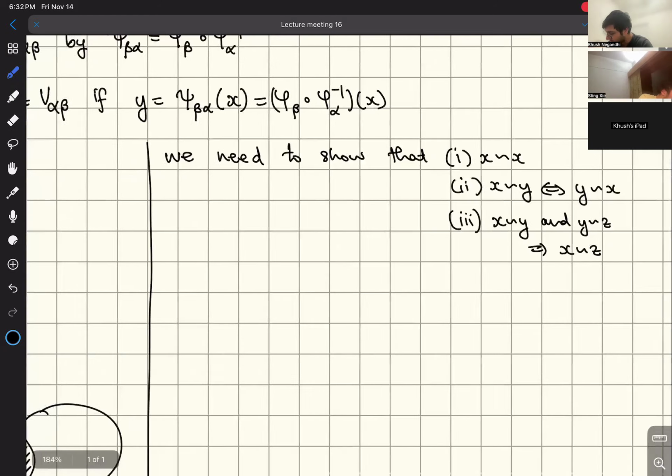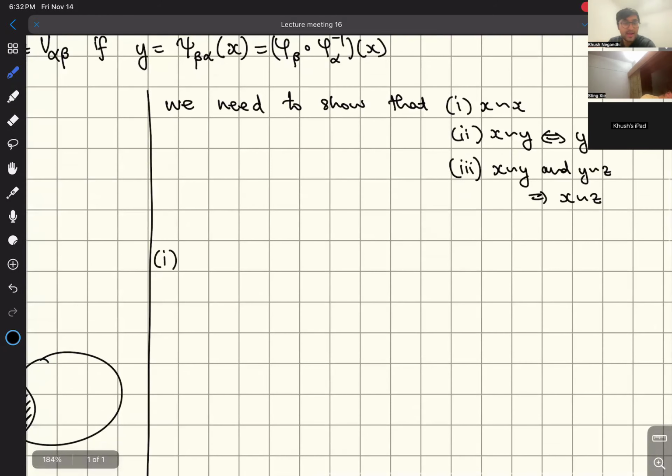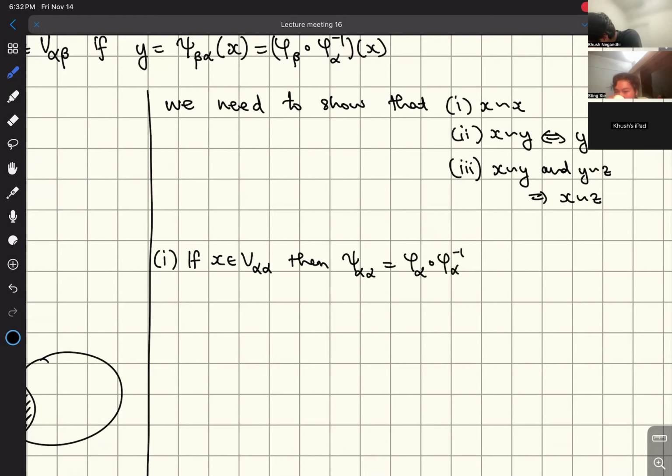Now let's show one. This is very trivial. If x is in V alpha alpha, then psi alpha alpha, which is phi alpha composed with phi alpha inverse, is the identity map, so identity on R^m.